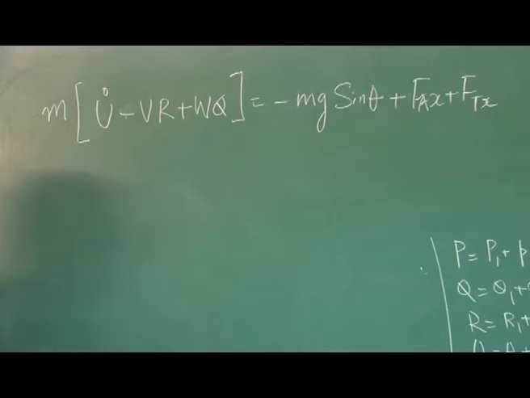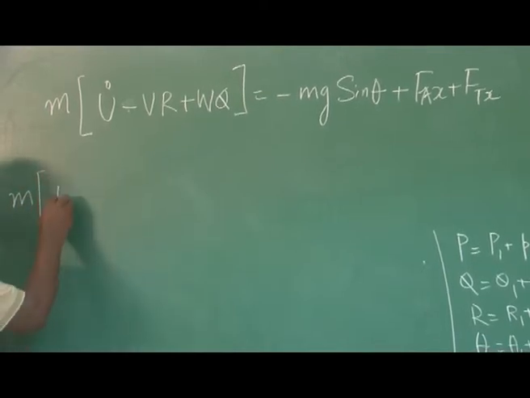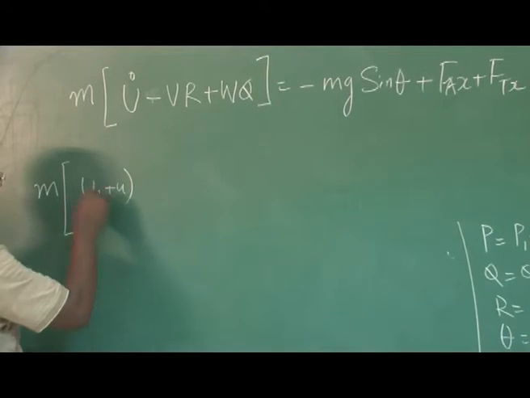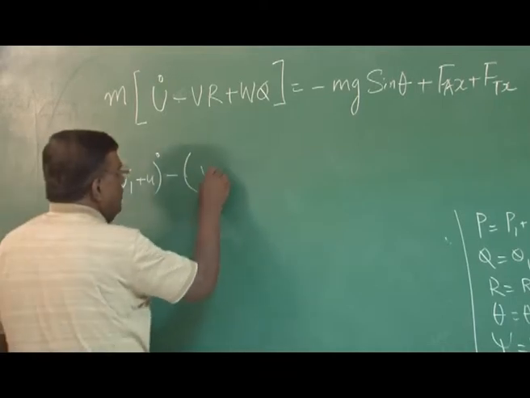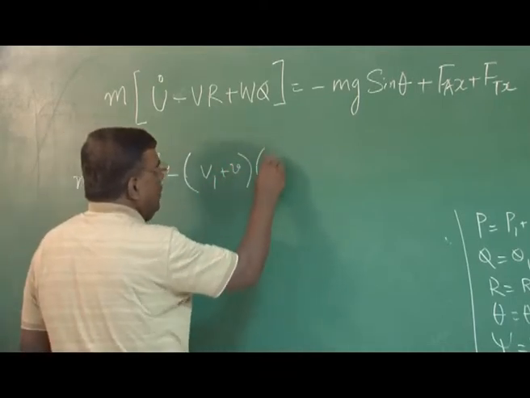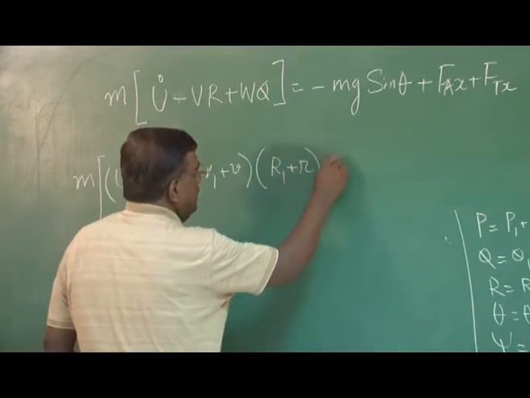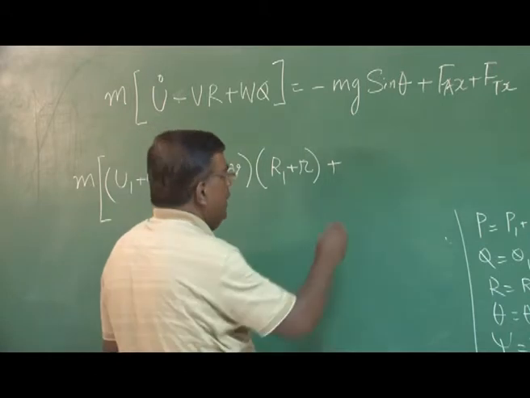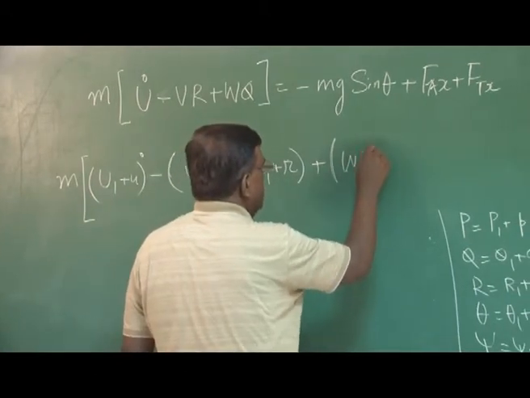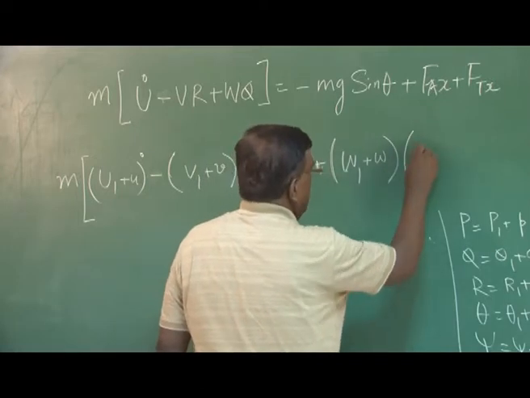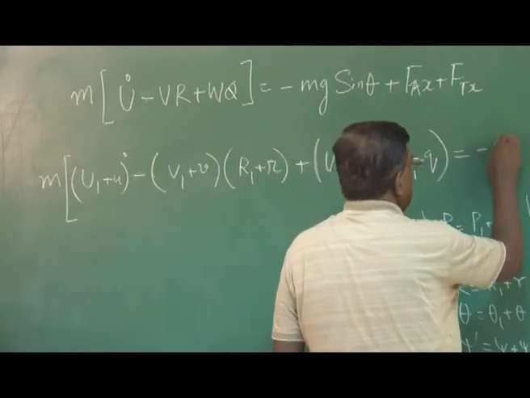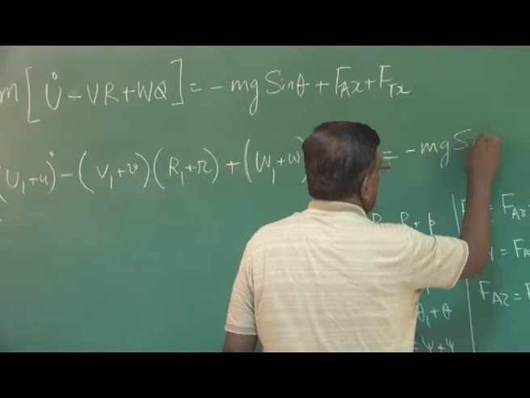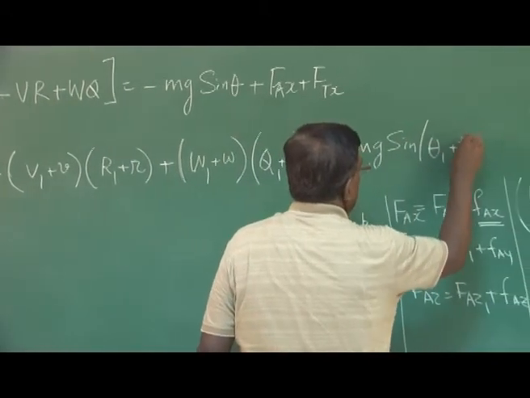Now, I will introduce small perturbation. What do I do? I write m, u dot as u1 plus small u dot, plus for v I will write v1 plus small v, for r I will write r1 plus small r, for w I will write w1 plus small w, then for q I will write q1 plus small q, and on the right hand side I will write minus mg sin of theta 1 plus small theta.